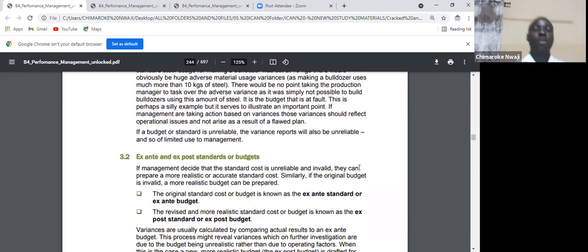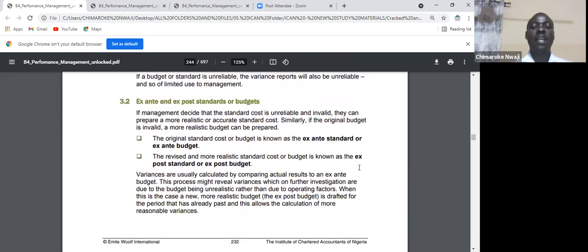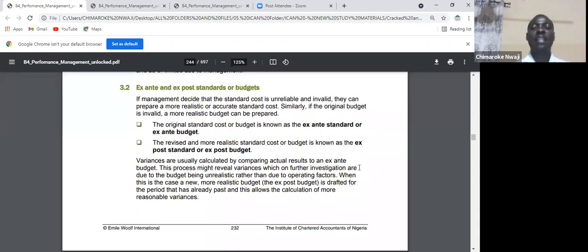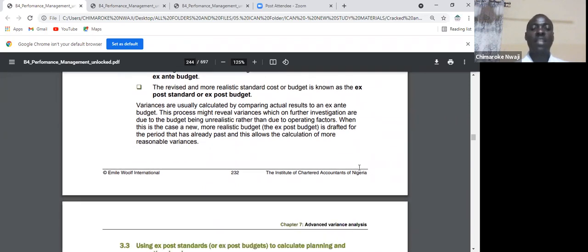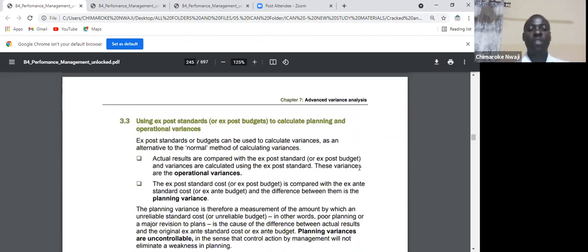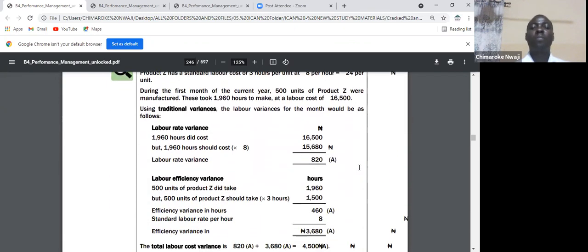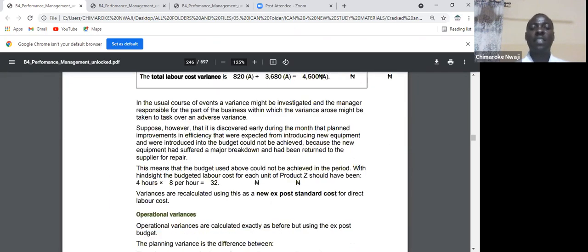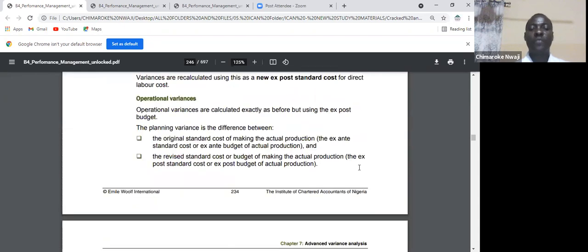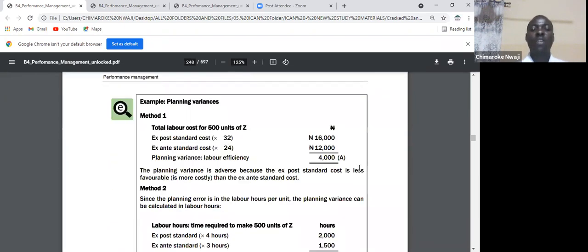You get something called ex ante and ex post standards. So the ex ante is the original standard which we use in our example. The ex post standard is the revised and more realistic budget which we'll be using. And we'll be seeing how we can use it to perform material variances, labor variances, to get both planning and operational.